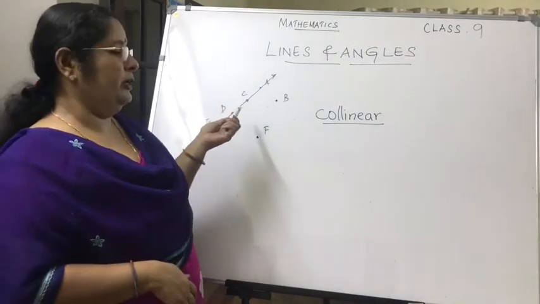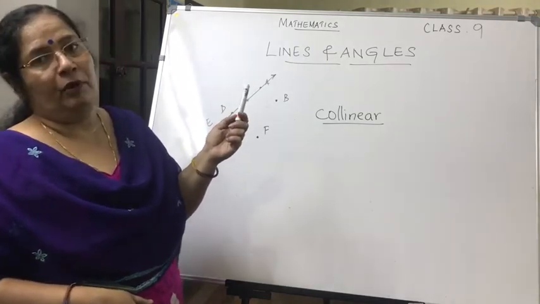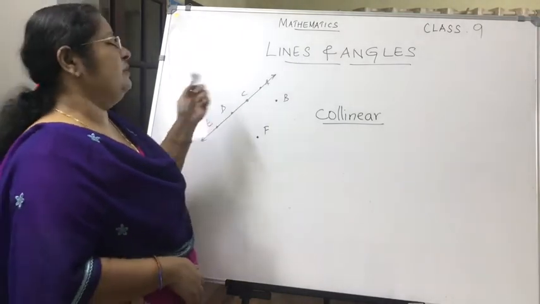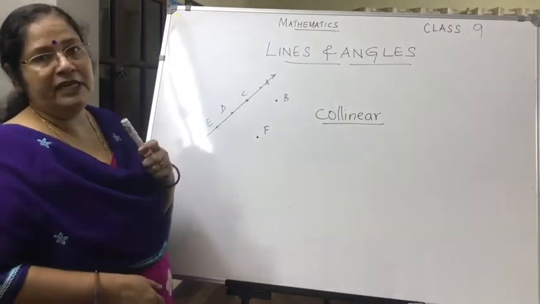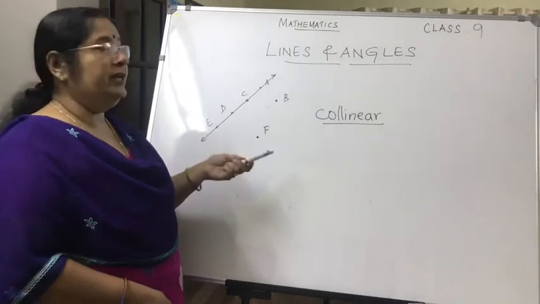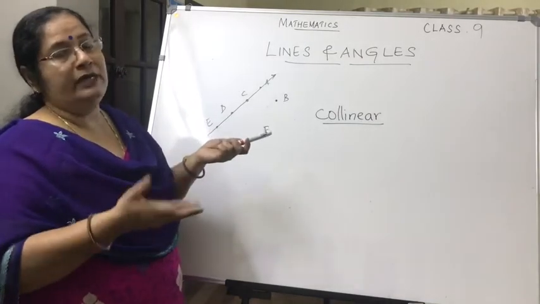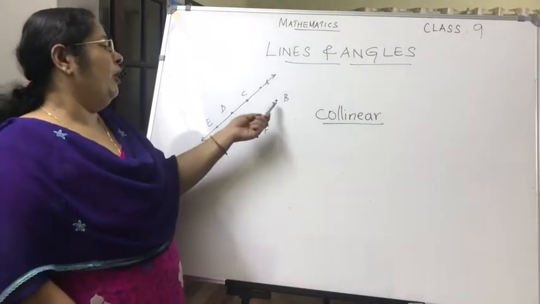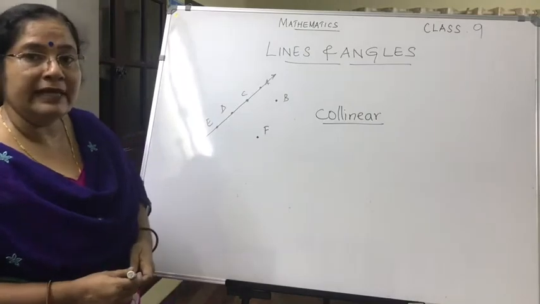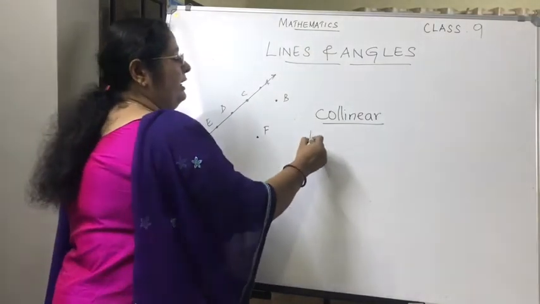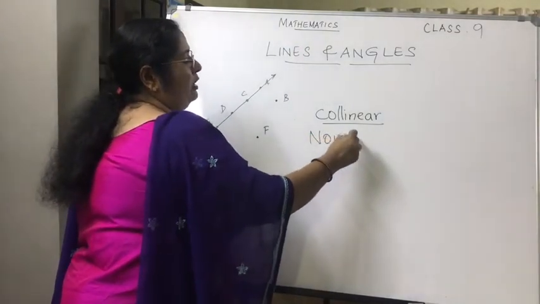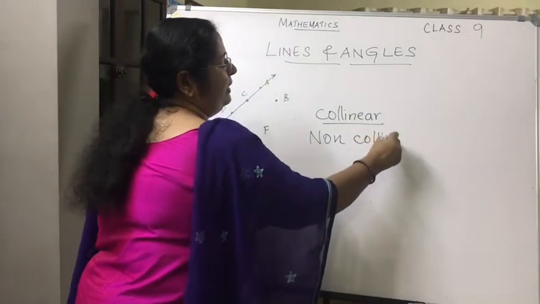So what are these points called? Collinear points. Now with respect to these points, look at the point B. Is the point B on the line where the other points are? No, it is not on the line. So point B is known as a non-collinear point. Non means not.